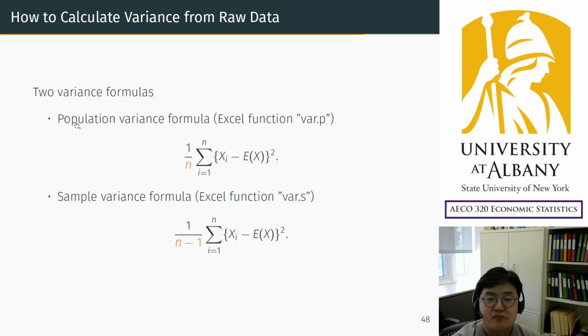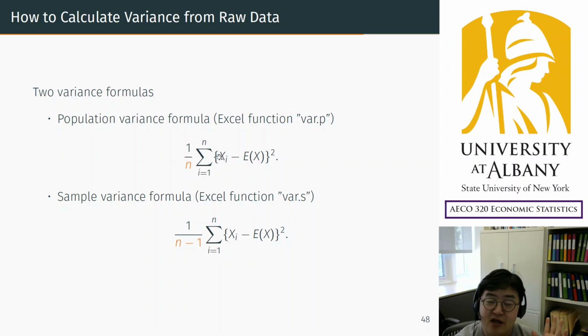One is exactly what I just did. Use this formula, where xi is the ith observation. For each observation, subtract the mean and take the square, and then sum, and then divide by n. This is exactly what I just did, and it's a kind of natural formula, right?